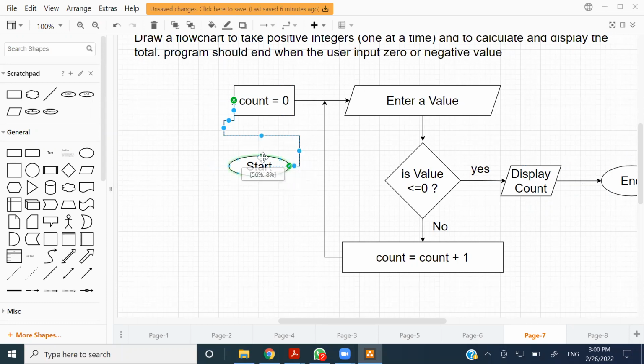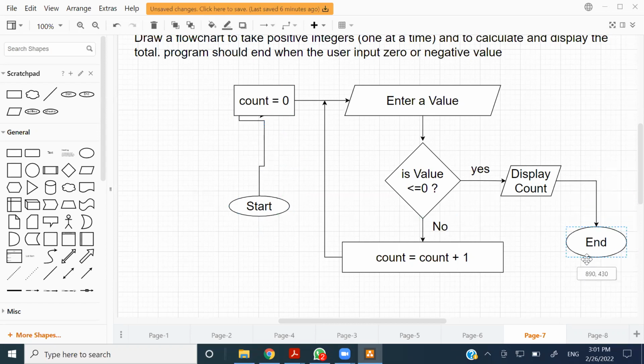You can connect this to here. Connect this dots to here. Then we can arrange it. So we can have the end over here.